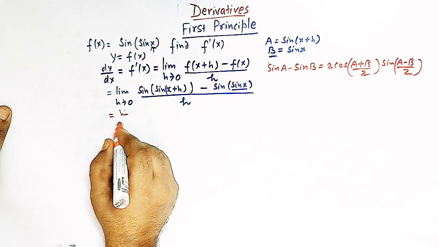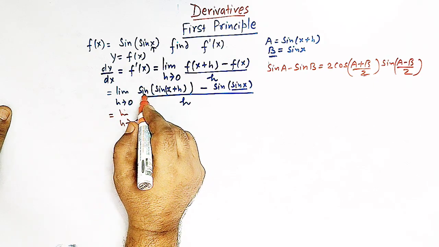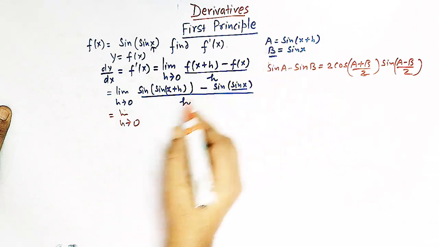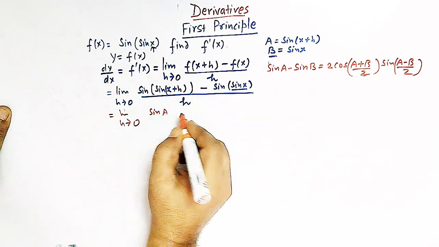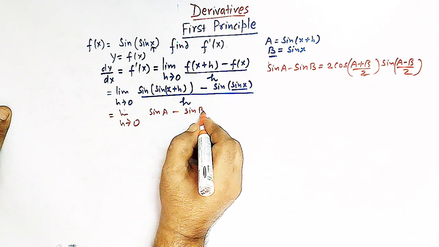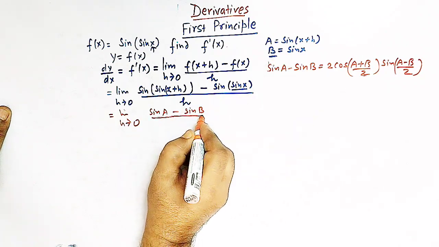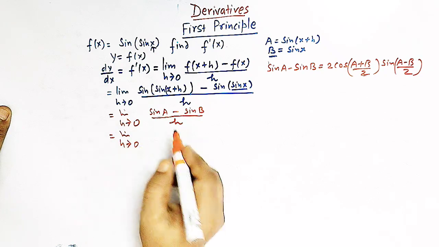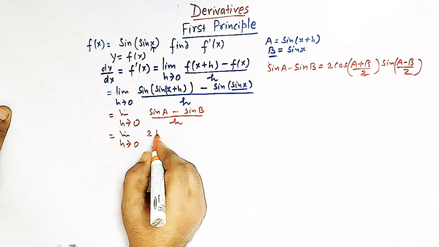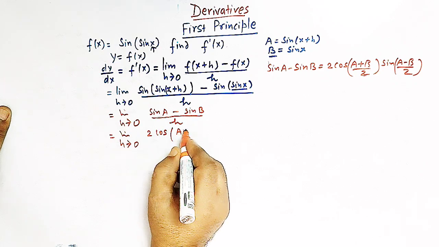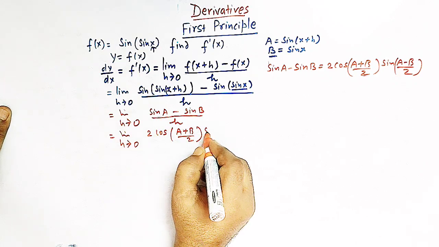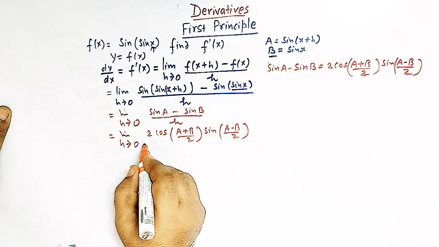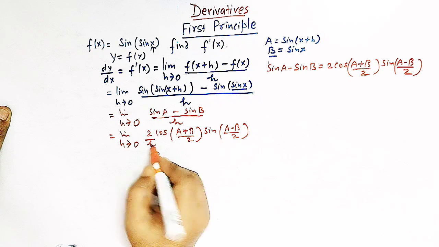So we have limit h tends to 0, and here sine of sine x plus h. Sine x plus h is A, so we have sine A minus sine B because sine x is B, and here we have h. So now we can write limit h tends to 0, and we have 2 times cos of (A plus B) over 2 and sine of (A minus B) over 2 divided by h.